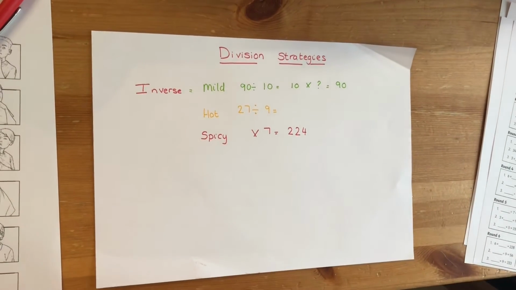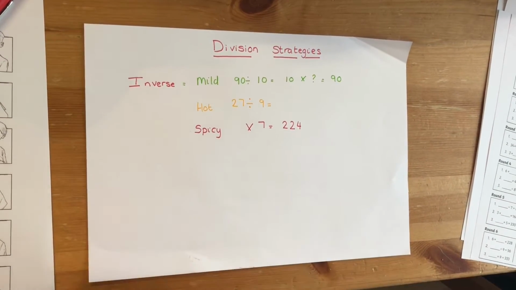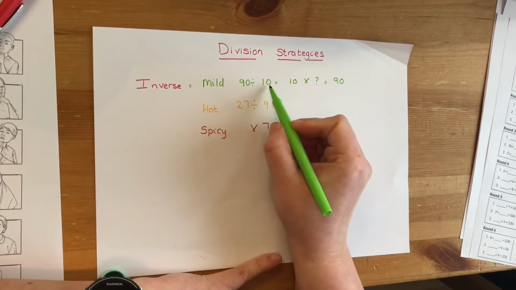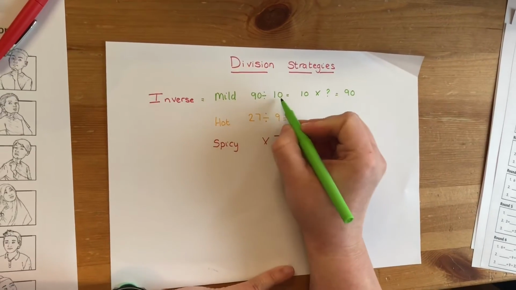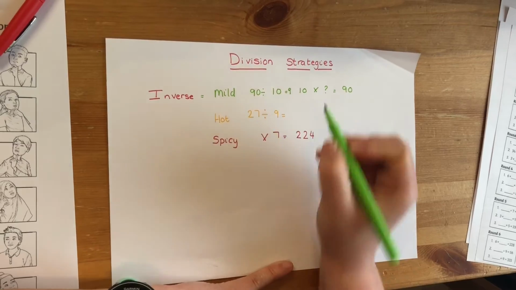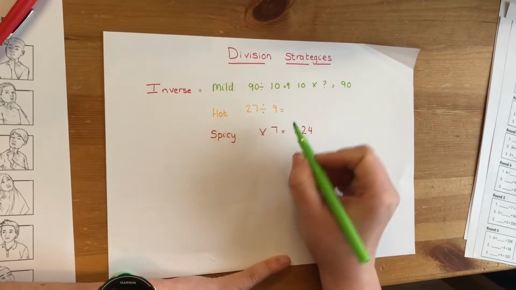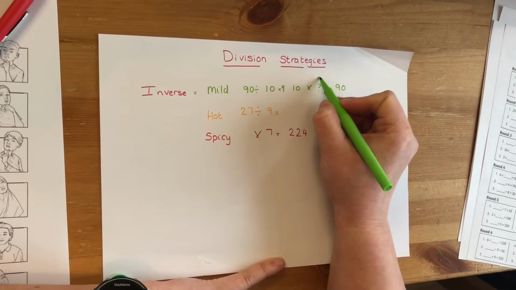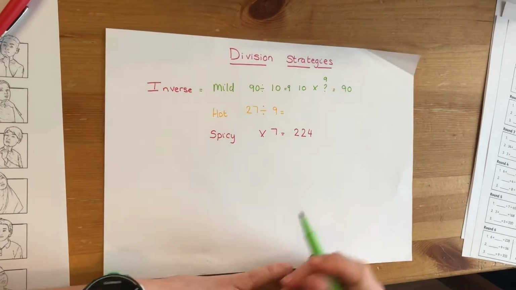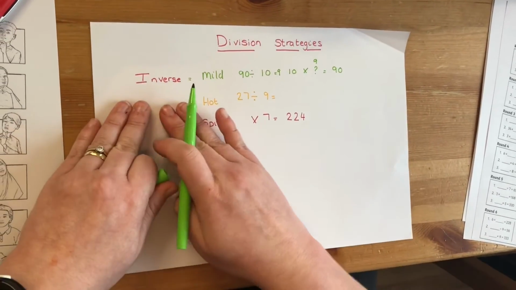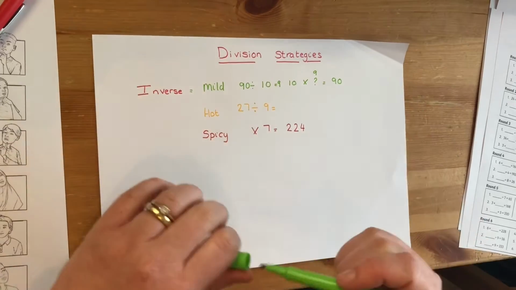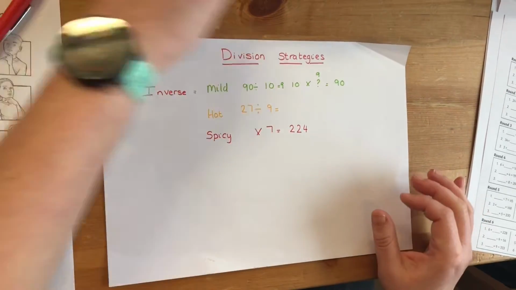Now, thinking back to our fact family knowledge, that will help us because we know that 90 divided by 10 is 9. And to double check it, 10 times by 9 equals 90. So, remembering multiplication and division are inverse operations.